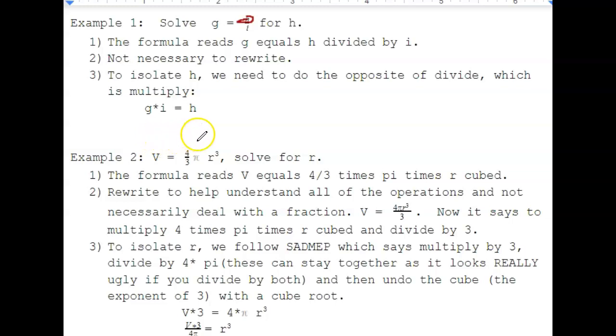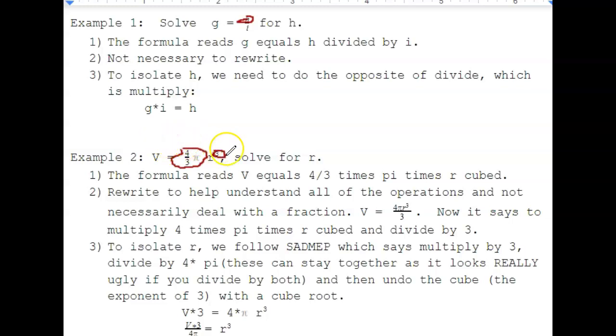Many times you have a lot of pieces to it. So this is the volume of a sphere. Volume V equals 4/3 pi times radius cubed. We want to solve this for R. So the pieces that I need to remove are this 4/3 times pi and also the cube.